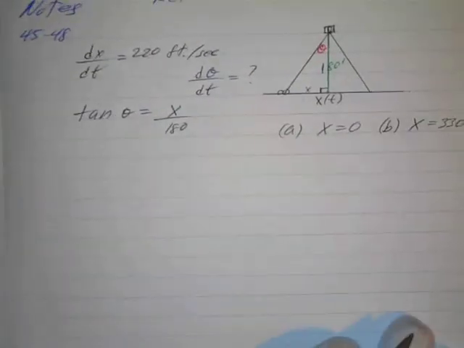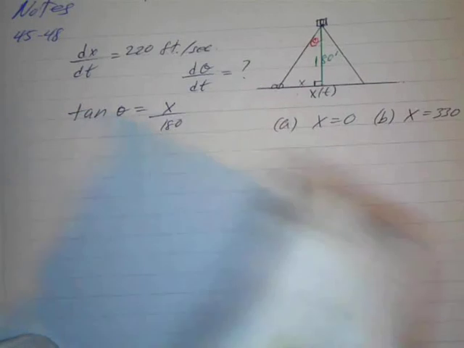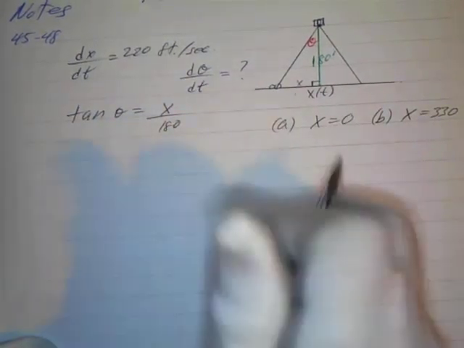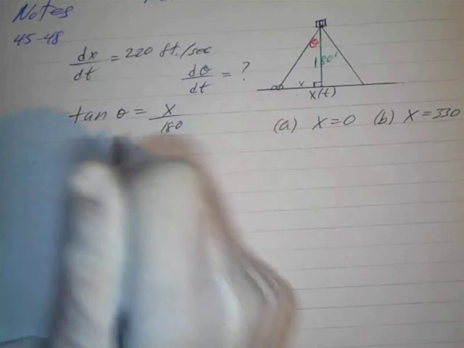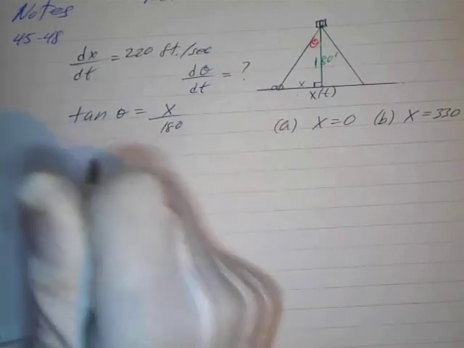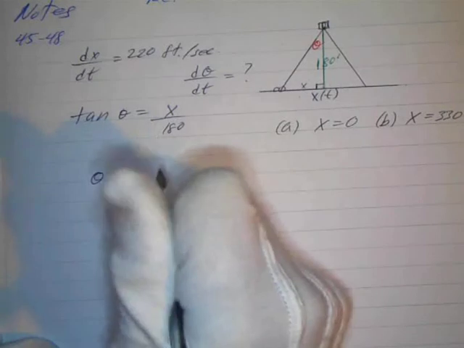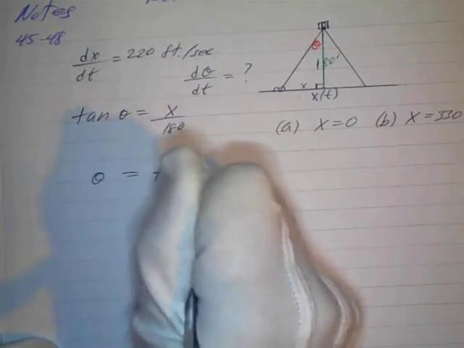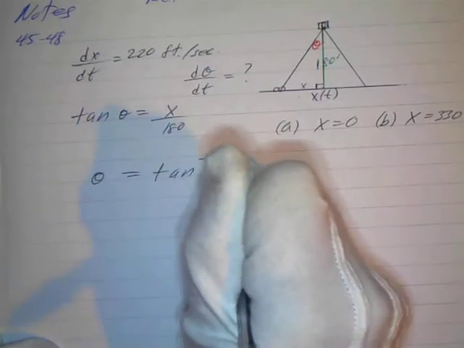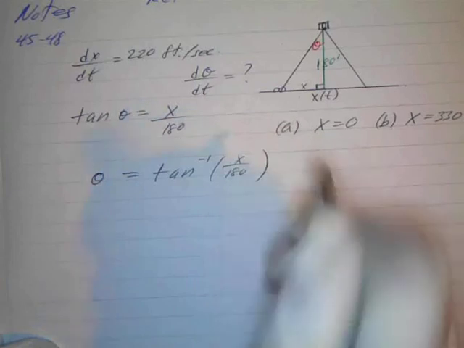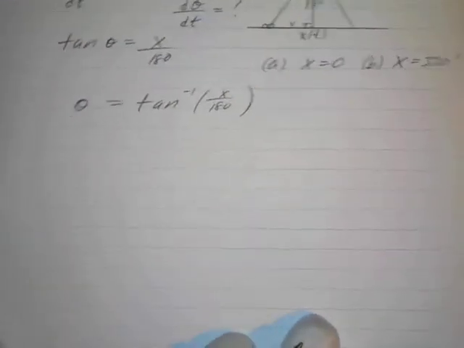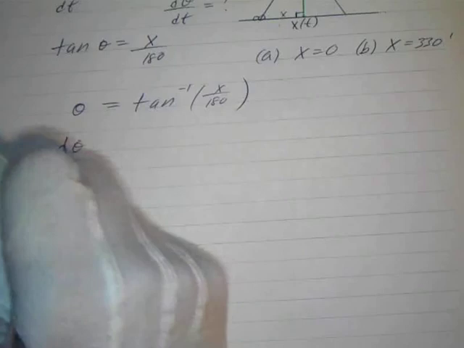Okay, so first we're going to try to find d theta dt, so we're going to have to take a derivative. It's a little bit easier if we solve this using arctangent. So theta is the angle whose tangent is x over 180, the inverse tangent of x over 180. All right? So if we take the derivative, d theta dt, which is what we're looking for, this will be in radians.